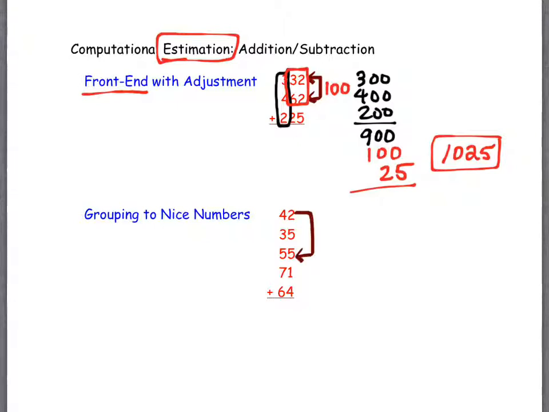So those add up to about what? About 100, all right. 71 and 35 add up to about 100. And then I've got this number that's 64 at the end, which there's really no reason to change at this point, right? So this would add up to what? 264.